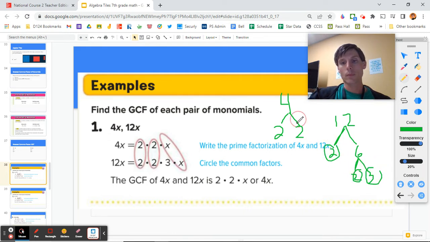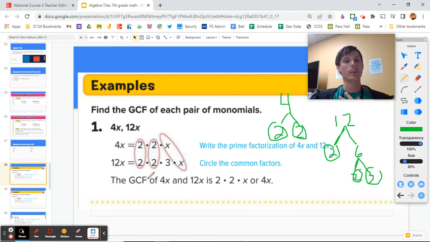All right. So we know 2 times 2 is going to give us 4. 2 times 2 times 3 is going to give us 12. And of course, they're both being multiplied by 1x, right? So I say 2 times 2 times x is 4x. 2 times 2 times 3 times x is 12x. Okay. Hopefully we got that.